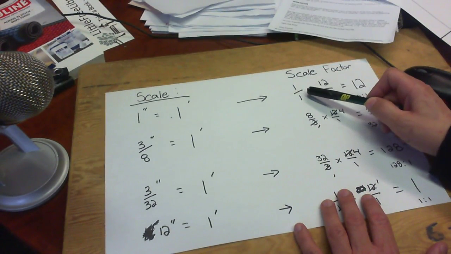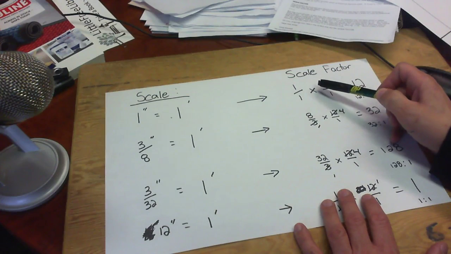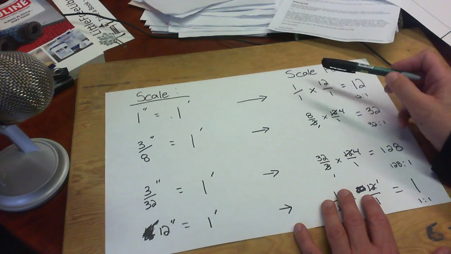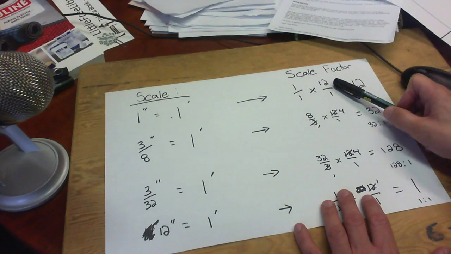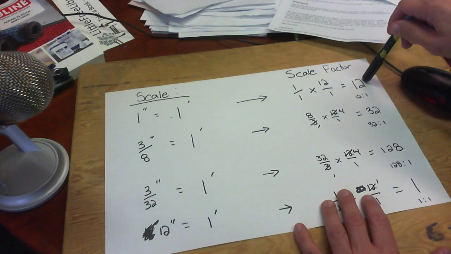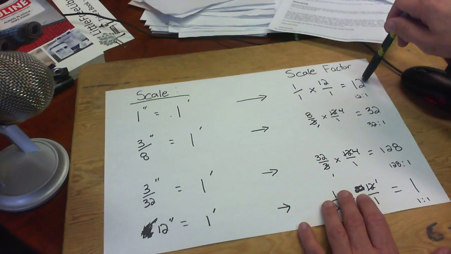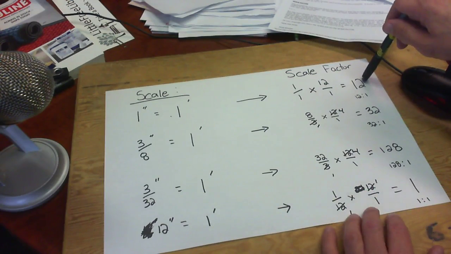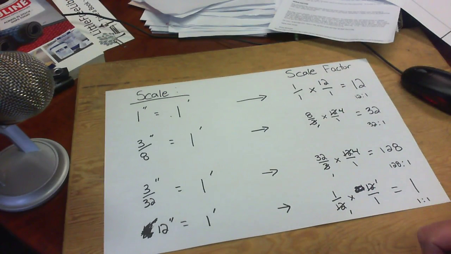You invert it, and you multiply by 12 to get your scale factor. So 1 over 1 inverted is simply 1 over 1. Multiply that by 12, and you get a scale factor of 12. Okay, so what that means is that the actual object is 12 times larger than my drawing. Or the other way around, my drawing is actually 1/12 the size of my actual object.